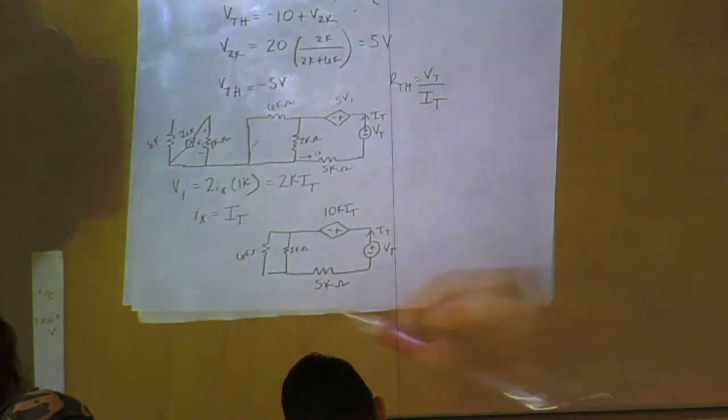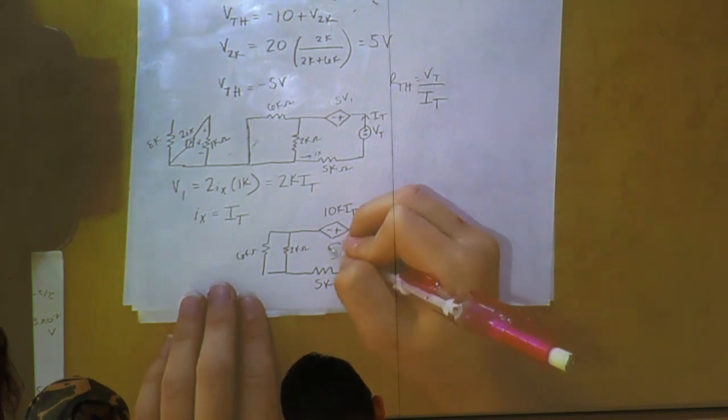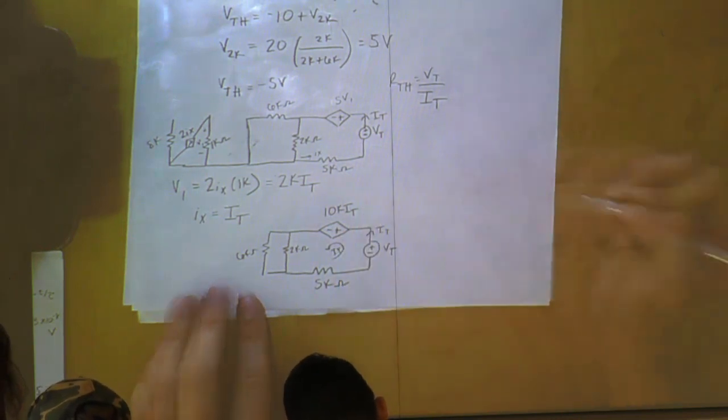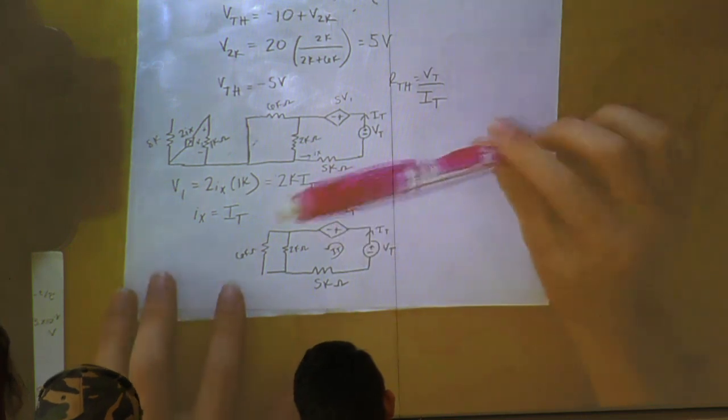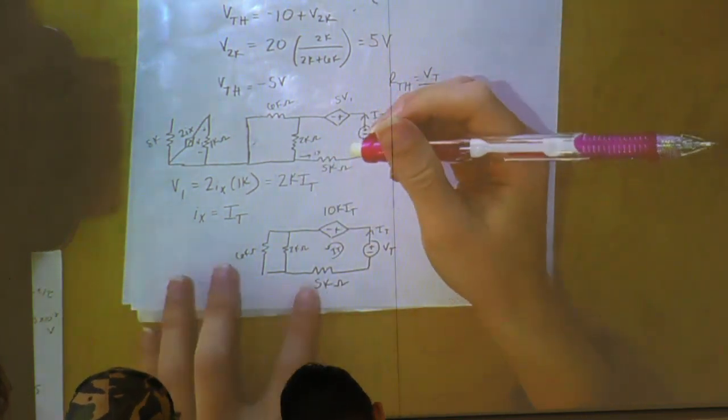So one thing we can do is a KVL, or one big mesh, I guess. And our current is going to be IT. To avoid having to do a mesh on this side, we can just put them in parallel since our voltage is going to be the same regardless.